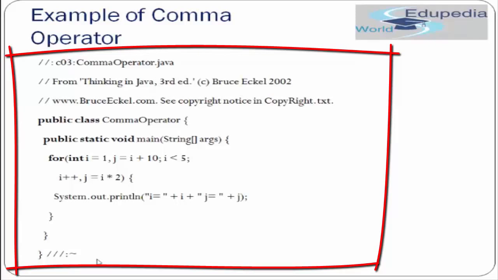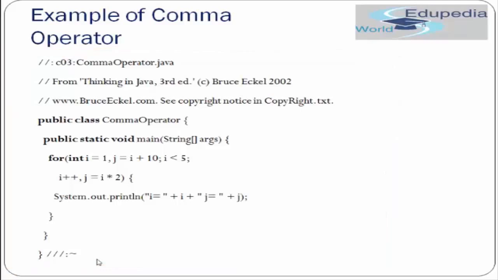So we are incrementing i by 1, and j is set by multiplying i by 2. This is a very interesting use of the comma operator. Then we write a System.out.println statement, and after that we have used a semicolon. I hope it's clear how we can use comma operators in Java.